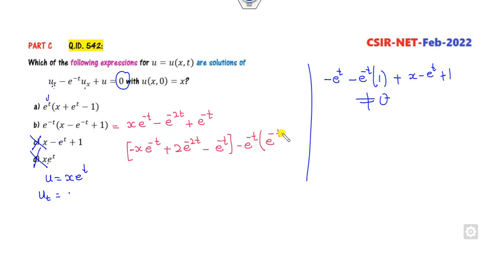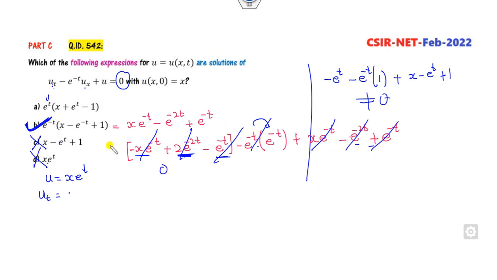Only the first term will be there plus u is the complete here. Now you can see whether it will be 0. You can see minus of the x plus of x cancel out. 2 plus it is a minus of this and it is also minus. So it's a 2 times cancel out. It's a minus, it's a plus, it cancels out, it's a 0, so it's a right answer.